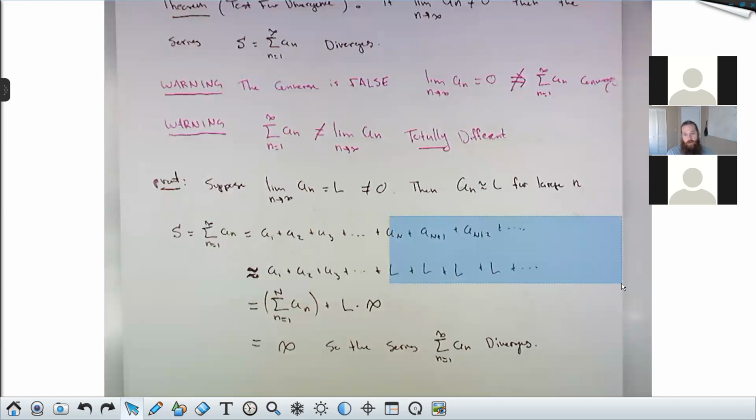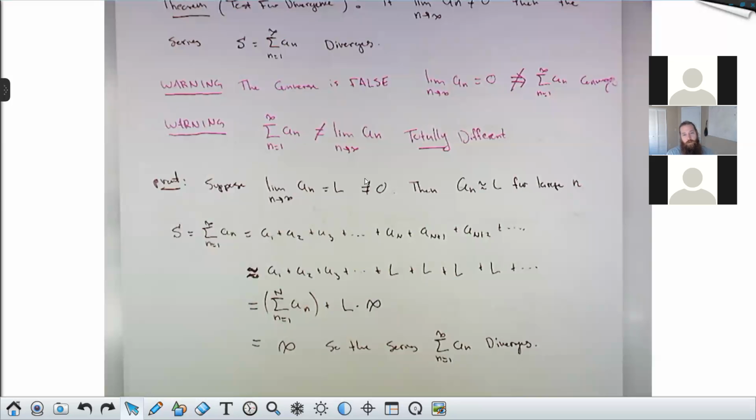And since this series goes on forever, there's infinitely many things here that are very, very close to L. So in your infinite sum, you have the start of the sum, the partial sum, plus the tail. And the tail is like L times infinity, because each of the terms in the tail is very, very close to L, and there's infinitely many of them. Now, any number times infinity is infinity if the number is not 0.